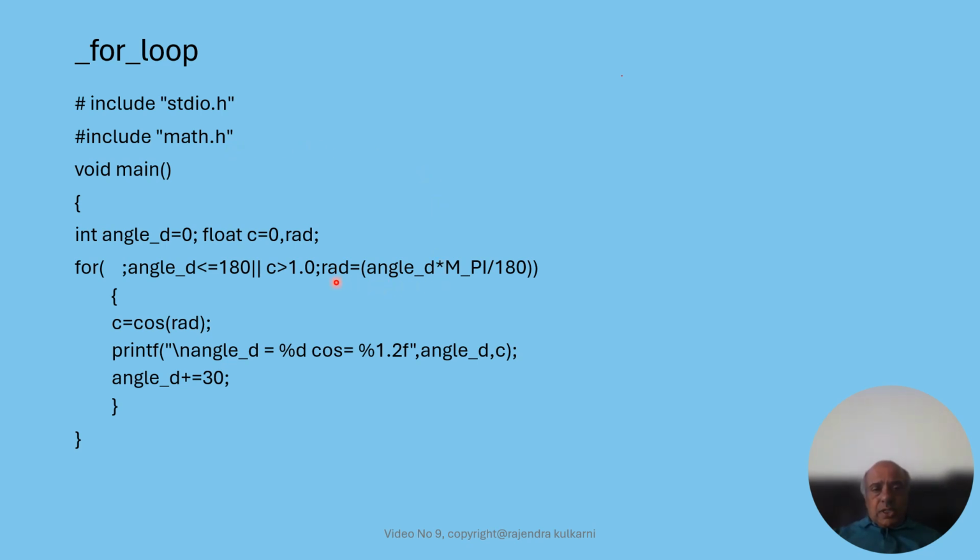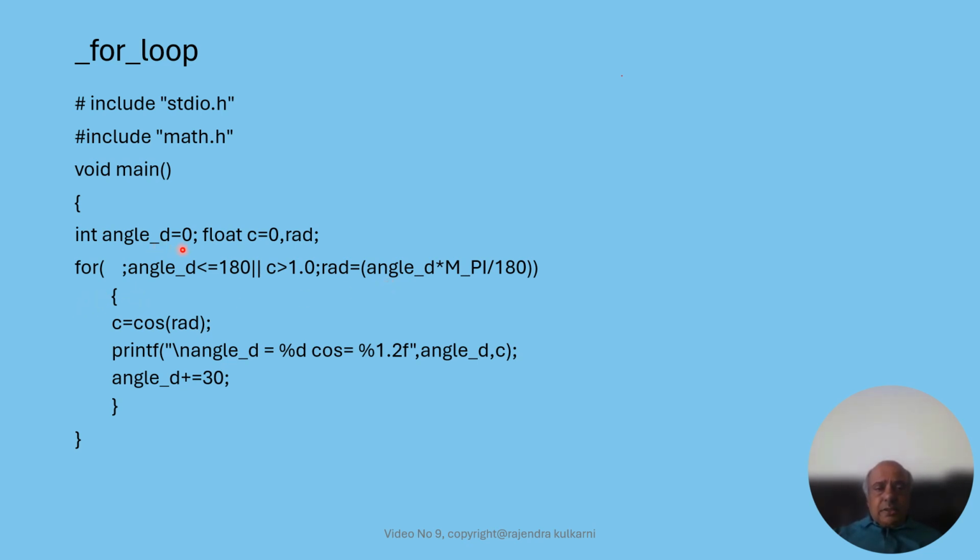So what is happening in this expression, the angle in degrees is getting converted to radians, its equivalent radian value.